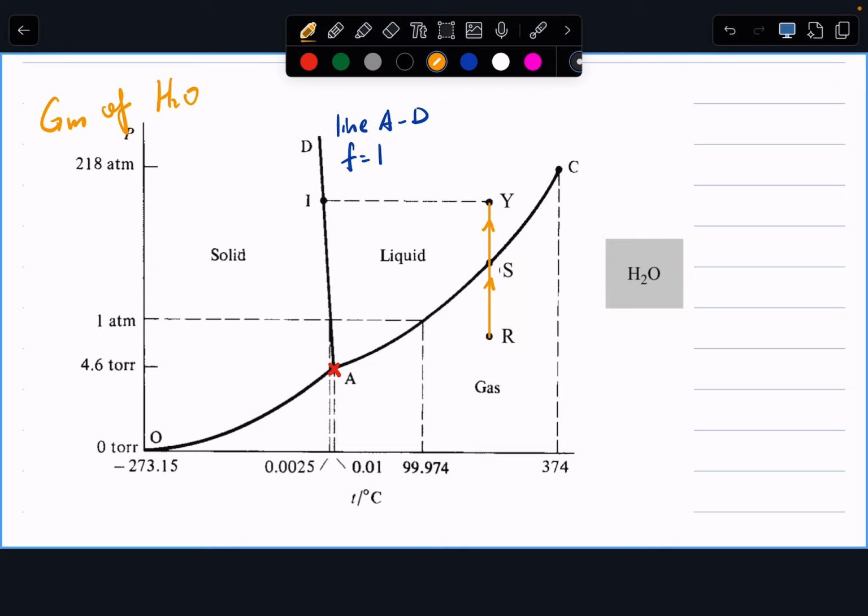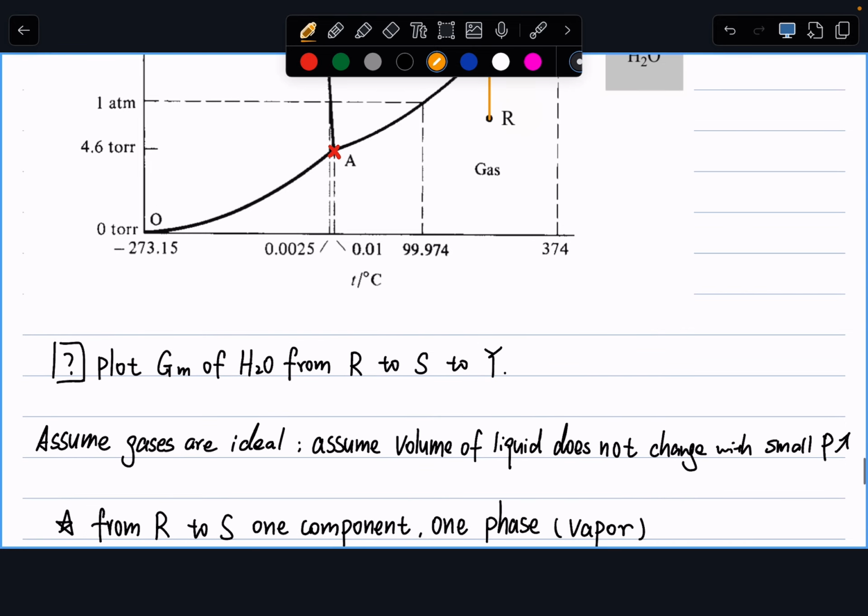We're talking about the equilibrium between your gas and liquid. You can assume all gases are ideal, so you can use PV = nRT if you like. And you can assume the volume of the liquid does not change when the pressure change is small. So let's just assume the volume doesn't change with pressure along this curve.